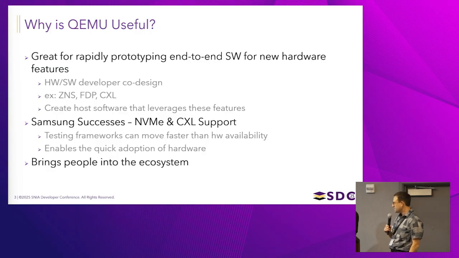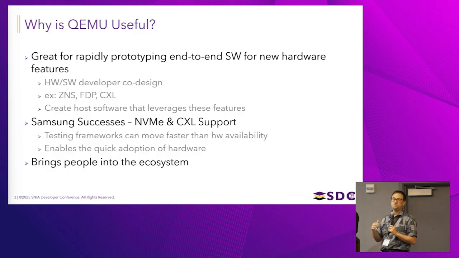Some clear examples over time, if you look over the history of where Samsung has been contributing to QEMU: we've been very active when ZNS was talked about, and then it transitioned to FDP. These are two technologies that focus on data placement within an SSD. And lastly, we modeled our success story on the NVMe side, and we started developing CXL support in QEMU.